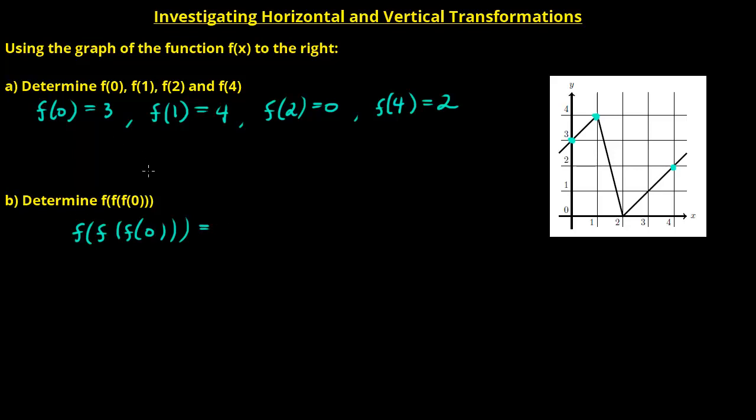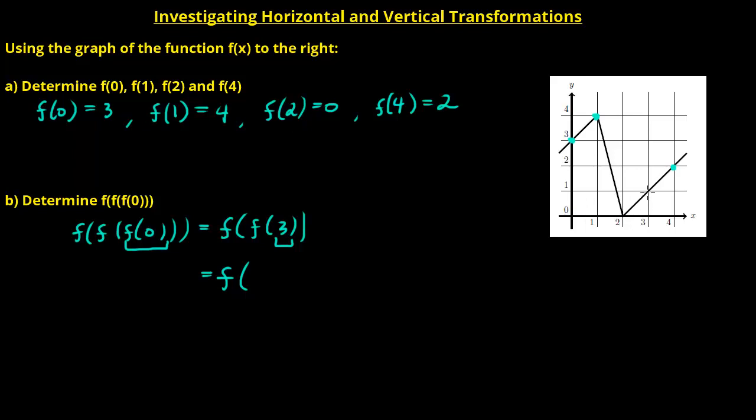So let's go ahead. First, we know that f of 0 is just 3. So this is equal to f of f of 3, because f of 0 is 3. Now I can evaluate f of 3. Let's look at our graph.